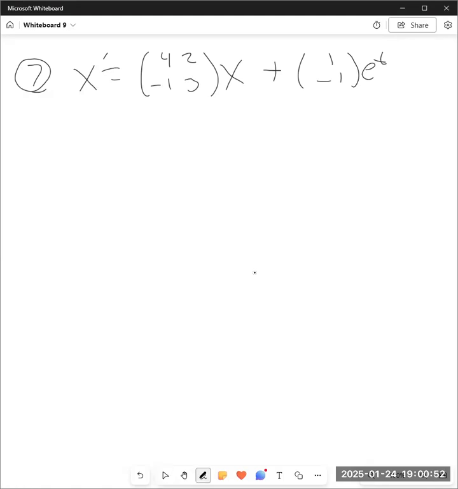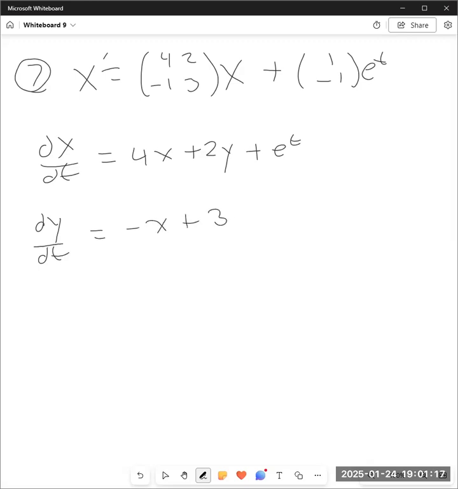So that's dx/dt is equal to 4x plus 2y, and then plus e to the t. The 1 e to the t goes with this first equation up here. dy/dt equals negative x plus 3y minus e to the t.